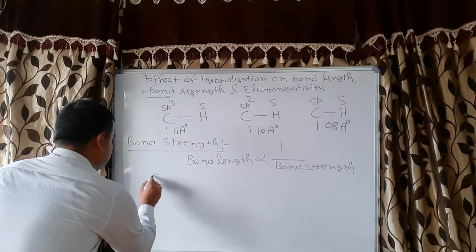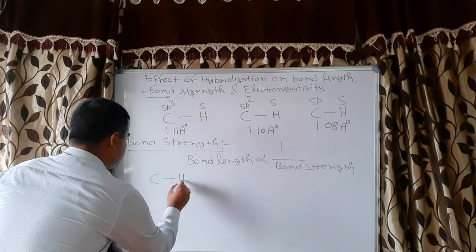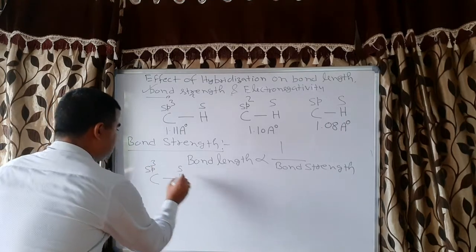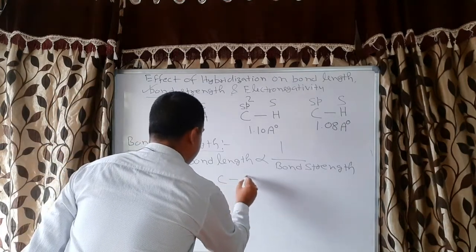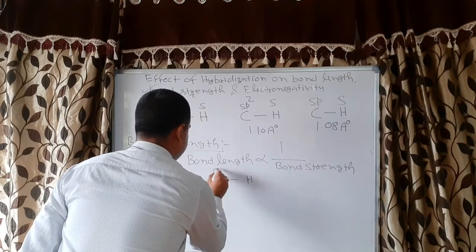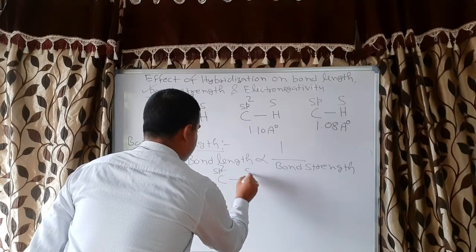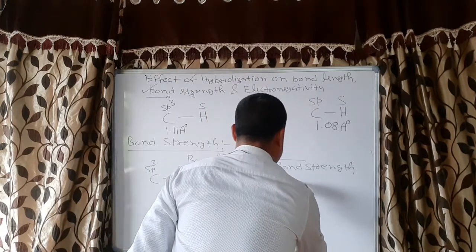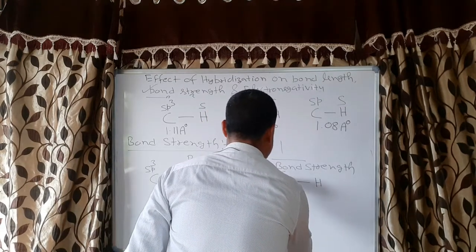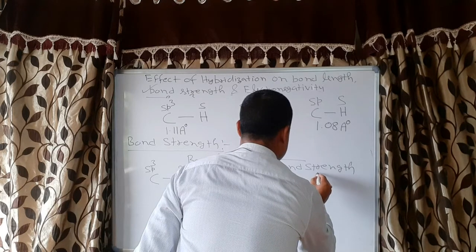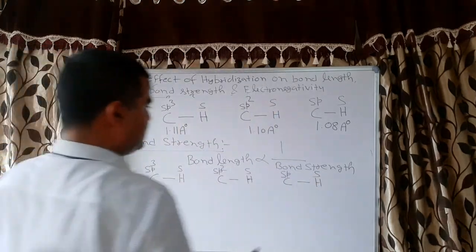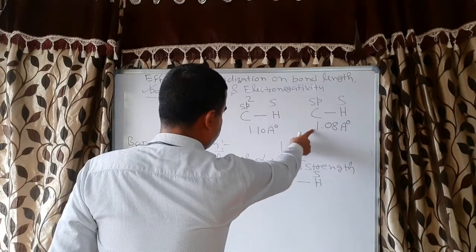So if we consider C-H, this is sp3-s, C-H, sp2-s, and C-H, sp-s, correct? This is the smallest bond length.